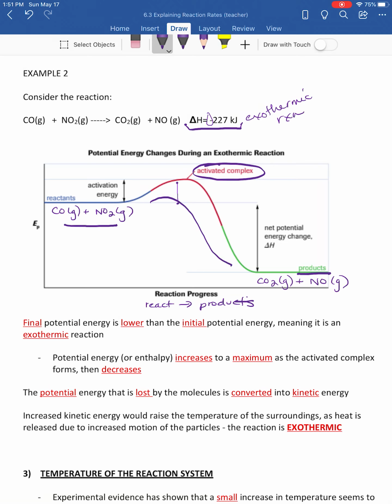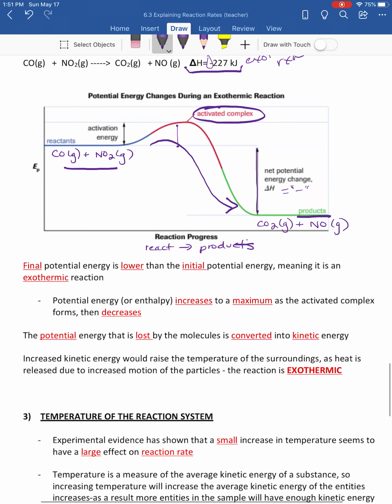That describes the shape of the curve. Okay, and when you take a look, my delta H is products minus reactants. Since my products have much less potential energy, my delta H is going to be negative. Okay, so there's that, and that's exactly what's explained right here.